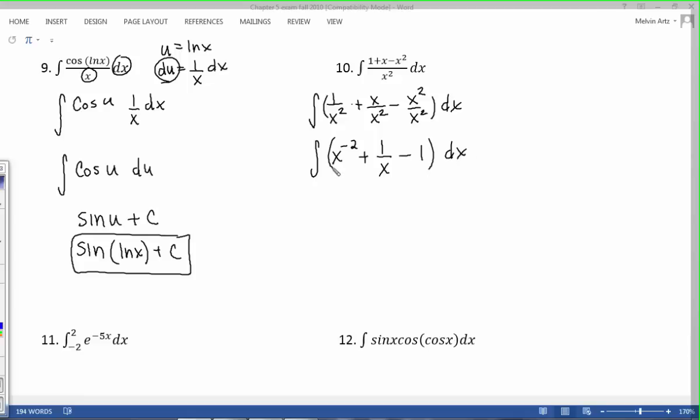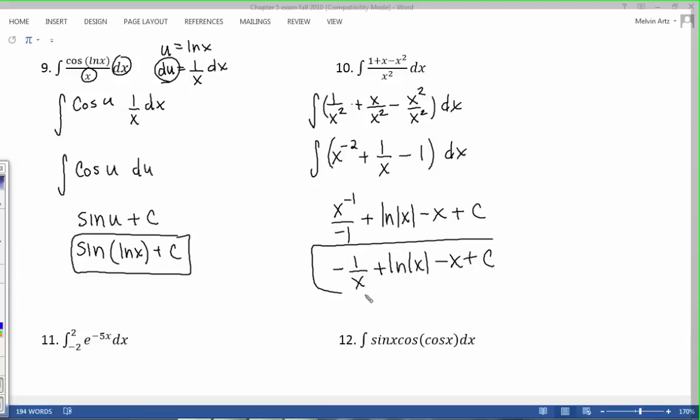So now we can apply our rule. We're going to add 1 to the exponent and divide by the same power. We know that the antiderivative of 1 over x is the natural log of the absolute value of x minus x, and then plus our constant of integration. This is an indefinite integral. So we'd have negative 1 over x plus ln the absolute value of x minus x plus c. So there's our antiderivative.